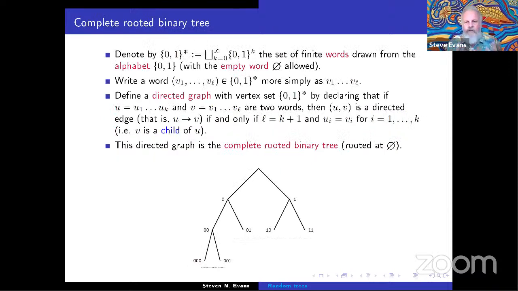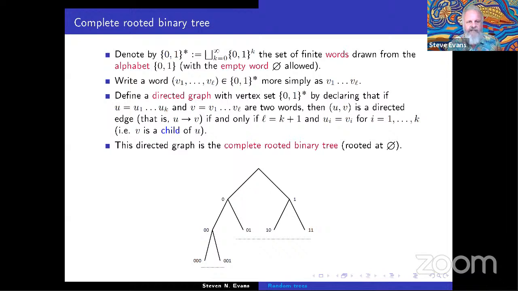I want to introduce that with some machinery that maybe looks a little heavy-handed at the moment, but introducing this sort of coordinatization for binary trees makes things simpler in what follows. We'll use some notation that's common in the combinatorial literature.